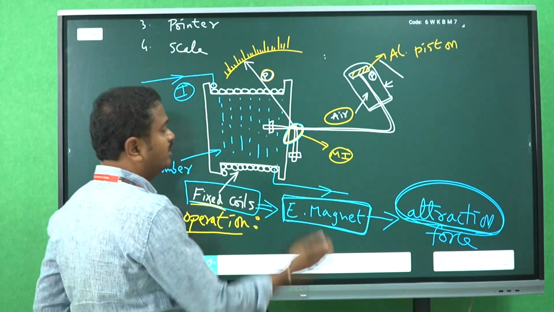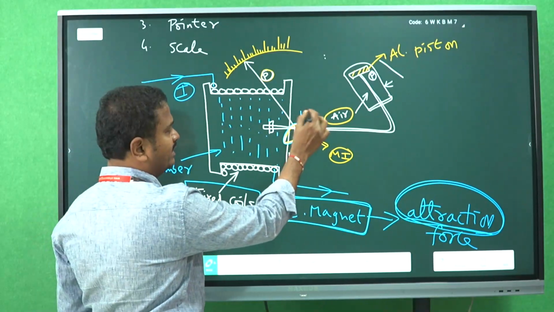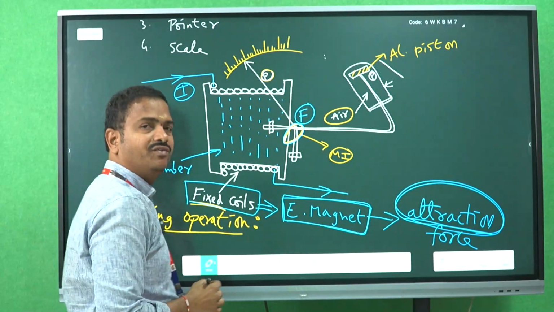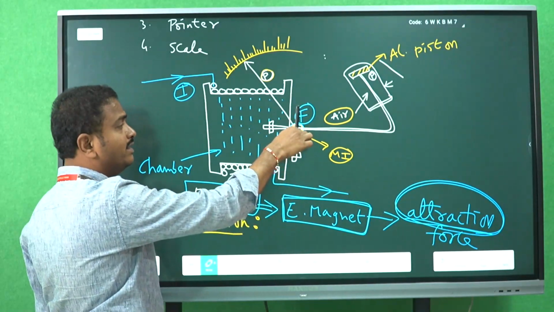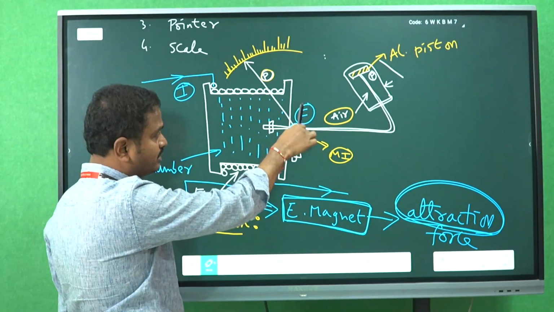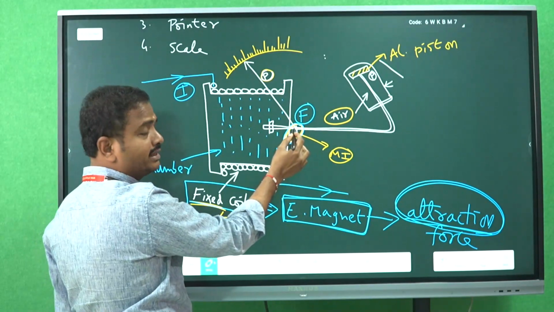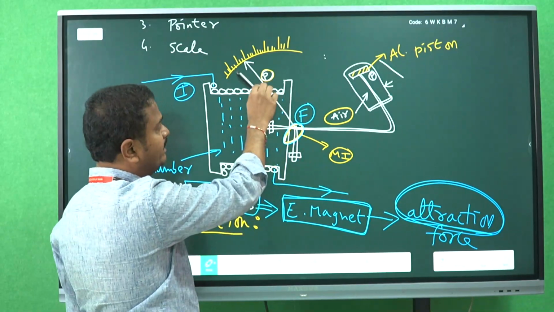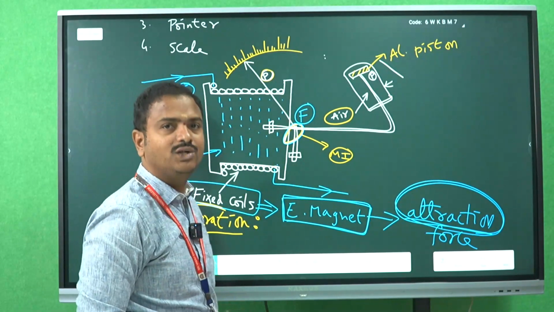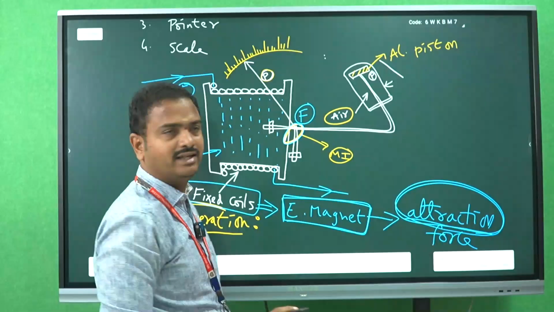Clear? So whenever an attraction force is exerted on the moving iron piece, the moving iron piece moves towards the chamber. Then the pointer connected to the moving iron piece moves on the scale to represent the value. Clear?